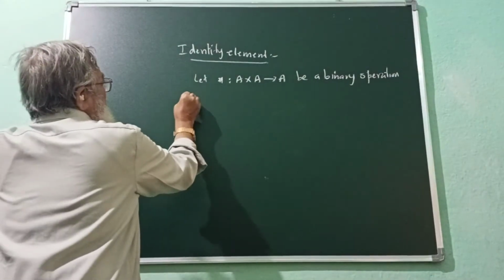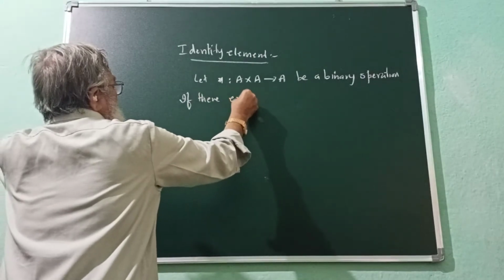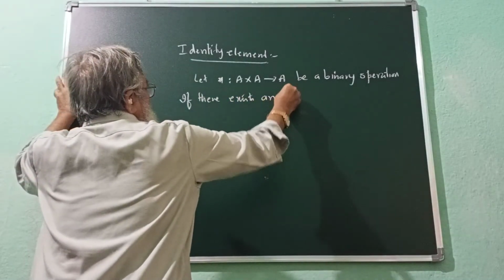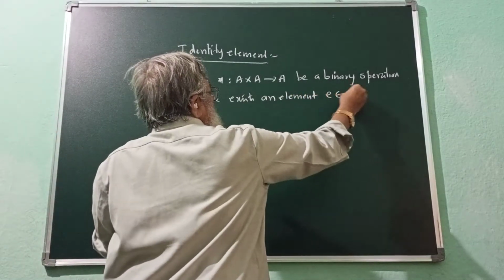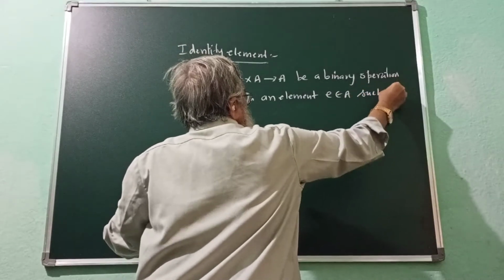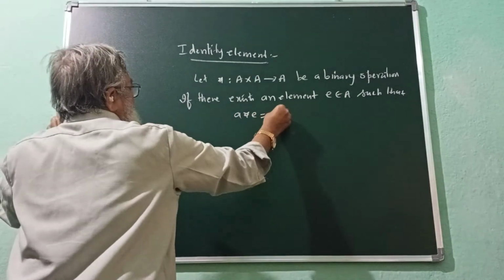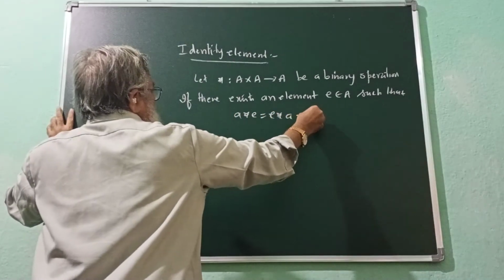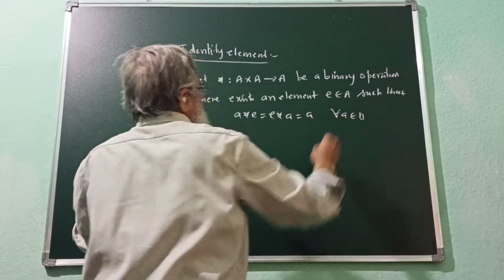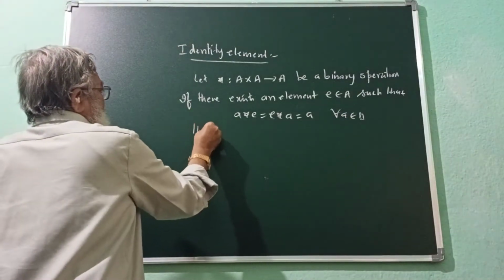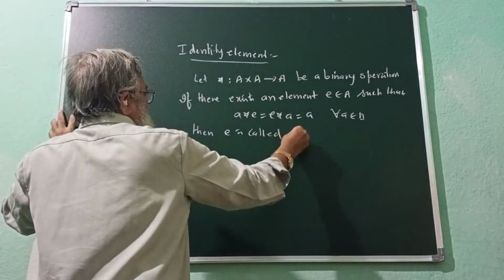If there exists an element, we denote it by small e, belonging to A such that A star e or e star A is equal to A for every A belonging to A, then e is called the identity element.